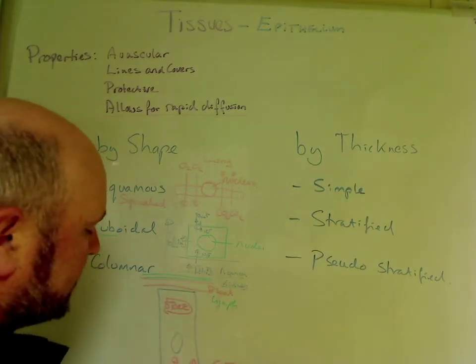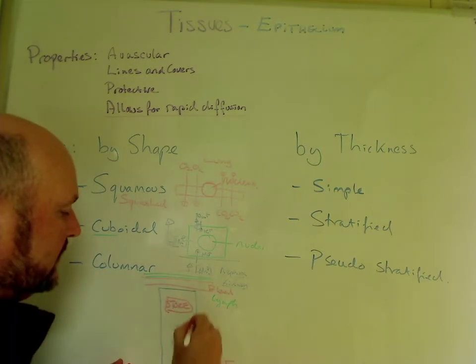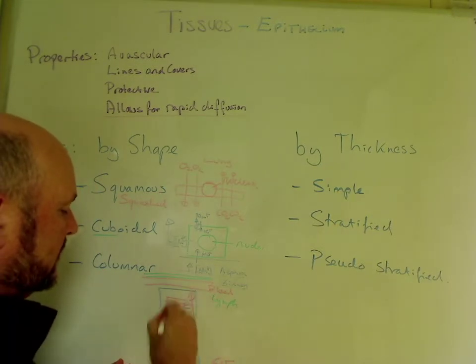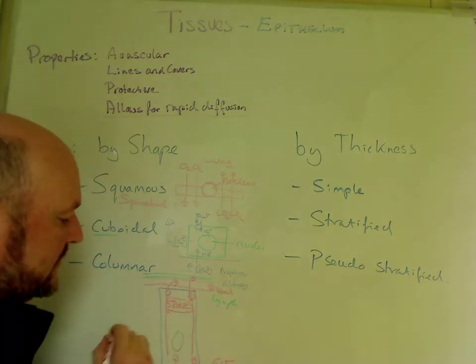So whatever's coming through the gut has to pass through this columnar cell and get into the blood, into the lymphatic system.